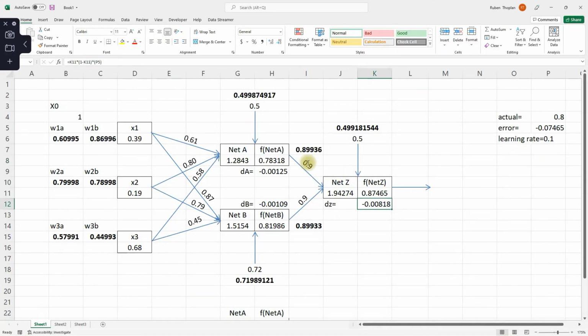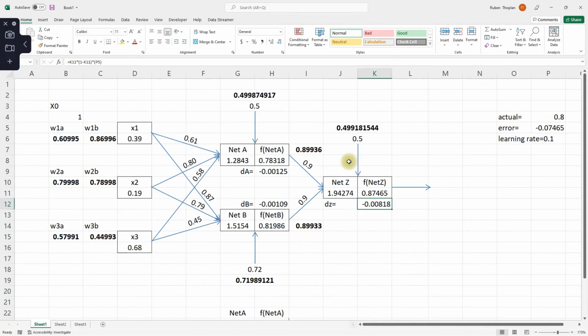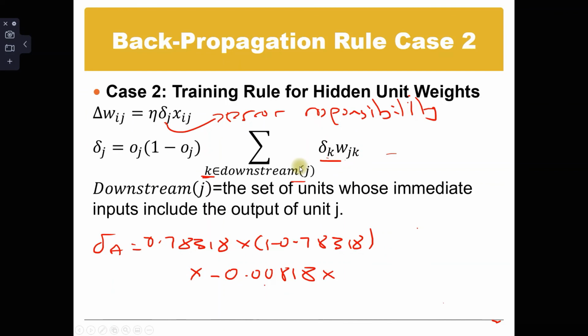It is the weight that you have from A to Z. The weight from A to Z is 0.9. Please do not look at the updated weight. You need to look at the original one, which is 0.9.